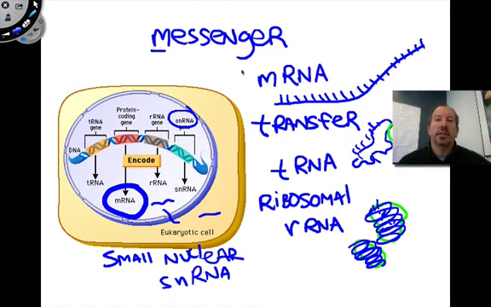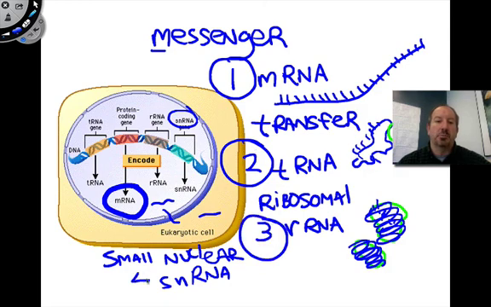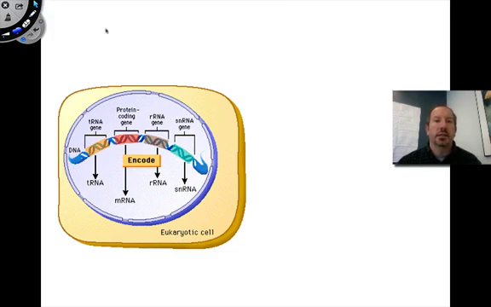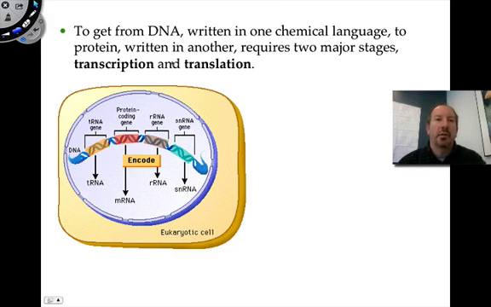So these are 3 types or 4 types of RNA if you want to include small nuclear: messenger RNA, transfer RNA, ribosomal RNA, and small nuclear RNA. Sounds intriguing, doesn't it? So to get from DNA to the language of a protein, which is a sequence of amino acids, which is a polypeptide.